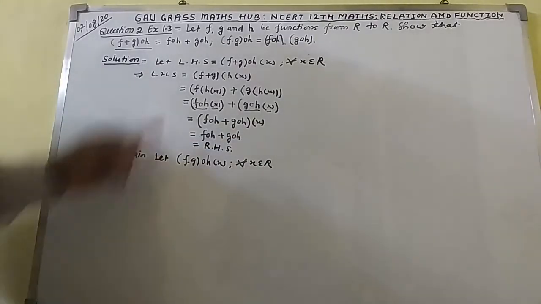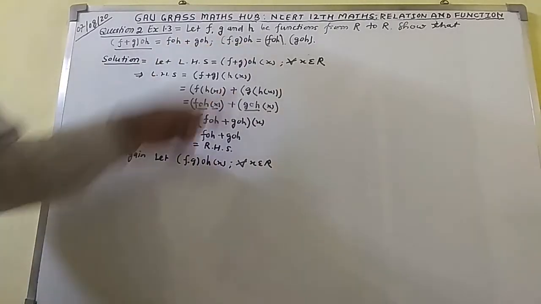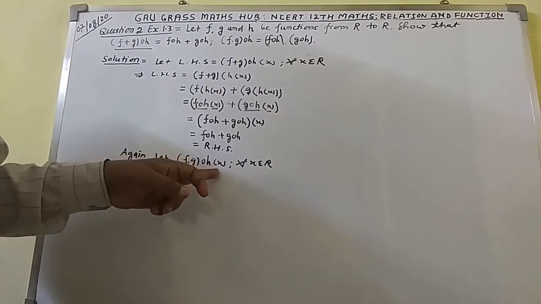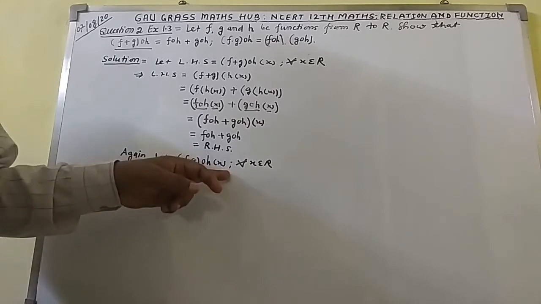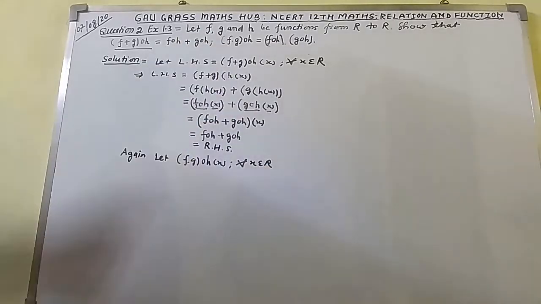Let me write again: (f dot g) o h in brackets, of small x, for all x belonging to capital R.